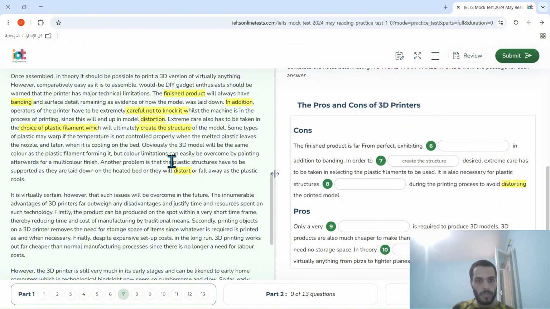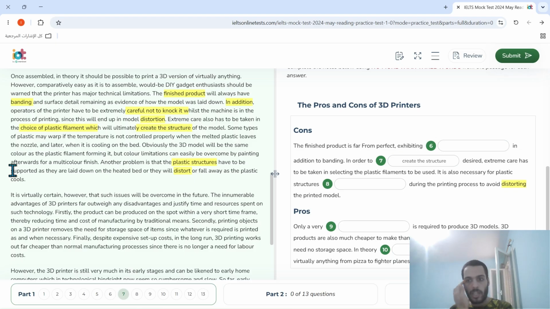So the plastic structures, it is also necessary for plastic structures have to be supported during the printing process.